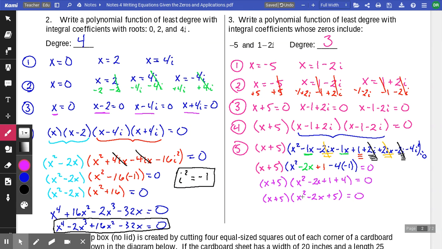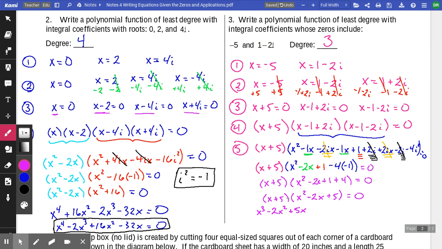So let's finish our multiplication. Just reminding you here, when we multiply x plus 5 times these three terms, when you take 2 terms times 3 terms, you're going to get 6 terms altogether. So let's be detailed. We take x times x squared. That gives us x to the third. x times negative 2x is negative 2x squared. x times 5 is 5x.